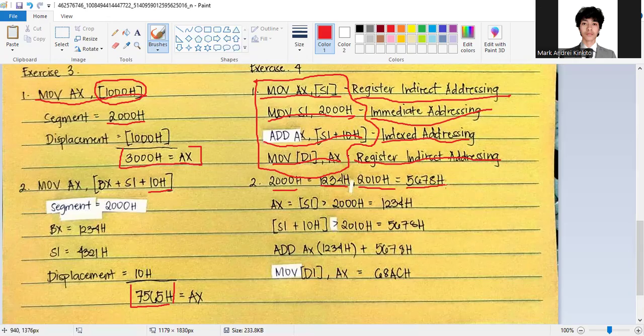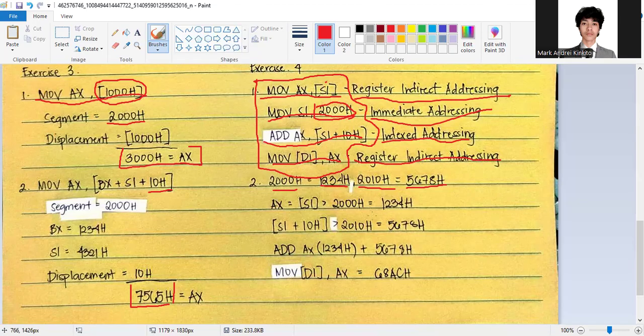The explanation here: we move 2000H into SI, and SI having the brackets means it has the value of 2000H, and 2000H has a value of 1234H.